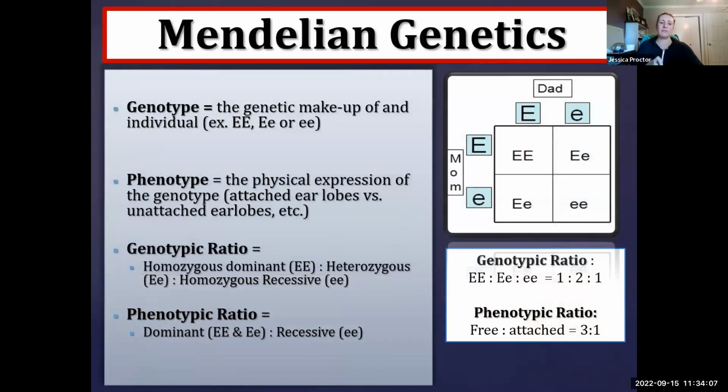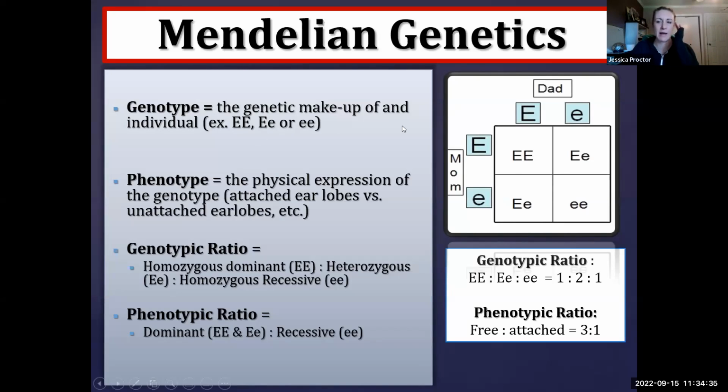So this term genotype, think genetic. Genotype is the genetic makeup of the individual. With these basic traits that we're looking at for the monohybrid crosses, there are only three possibilities. The genotype will either be homozygous dominant, represented by two uppercase letters, heterozygous, represented by one uppercase and one lowercase, or homozygous recessive, represented by two lowercase letters.